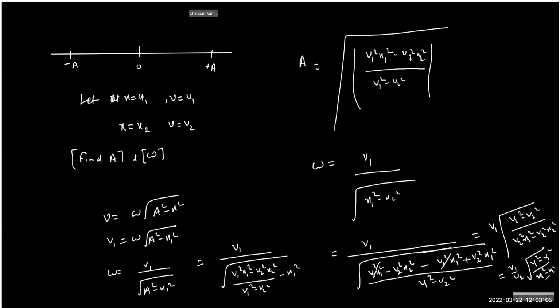So okay, I am getting this answer: omega equals root of (v1 square minus v2 square) by (x2 square minus x1 square). This is the answer. So just rearrange properly, you will get the answer.